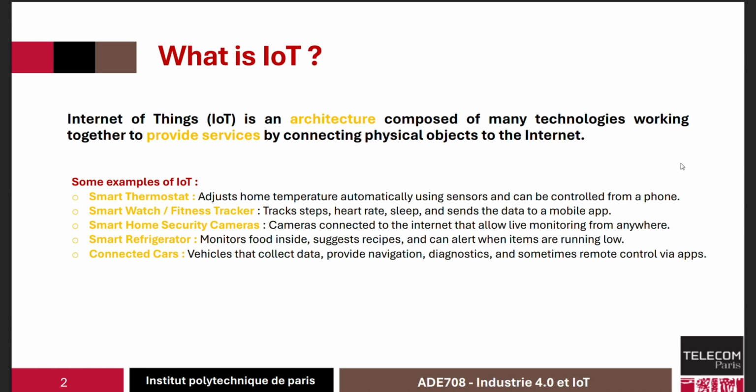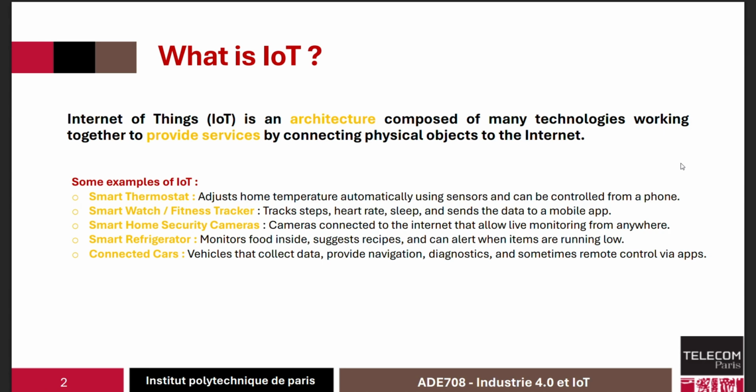If that seems abstract, here are some examples of how we use IoT nowadays. First, we have smart thermostats, of course, to adjust the home temperature and to monitor in real time the state of our house.